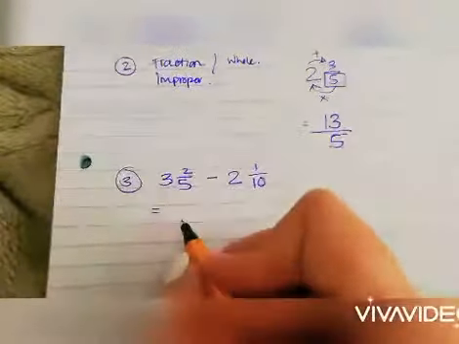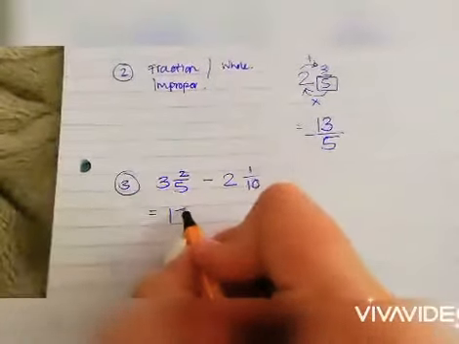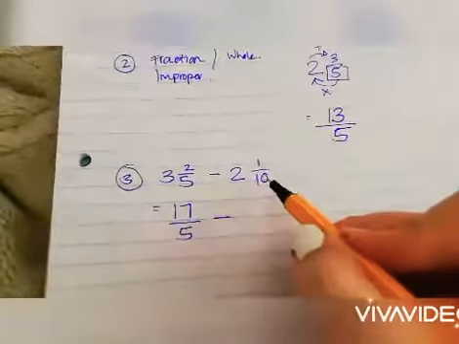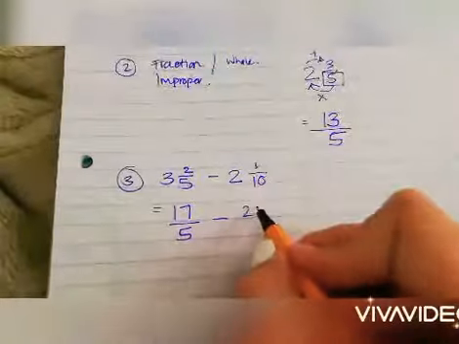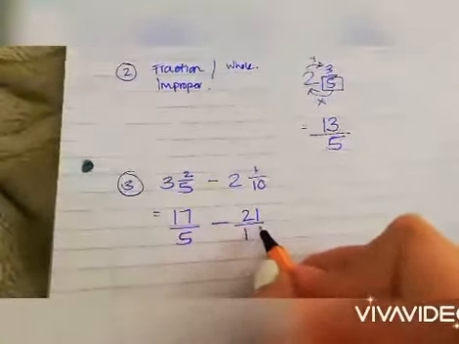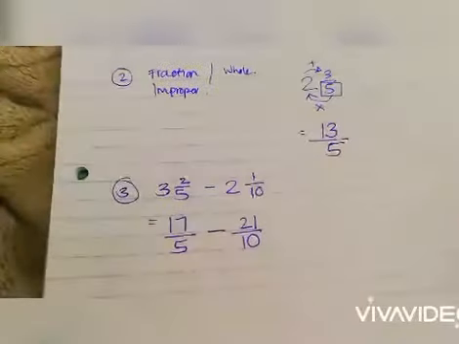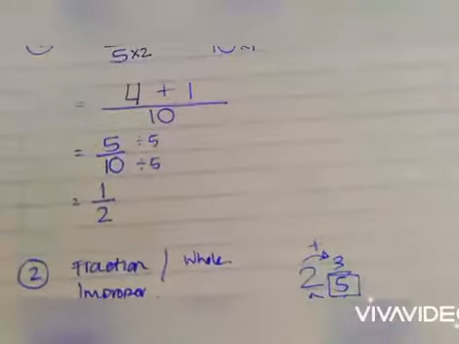So 5 times 3 gives me 15, 16, 17 over 5, minus, and then I've got 10 times 2 gives me 20, 21 over 10. Okay, so now the same thing again. We need to do the same as what we did over here.